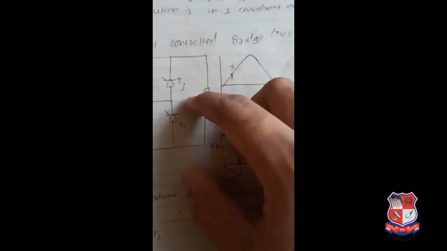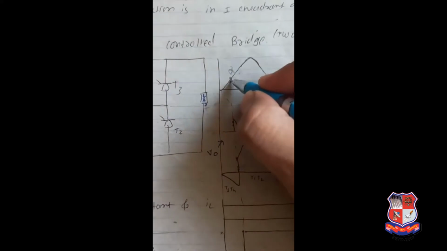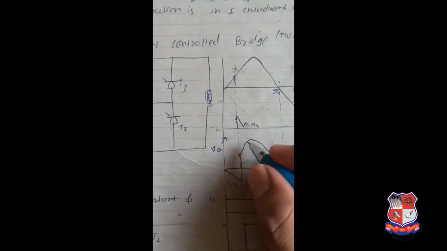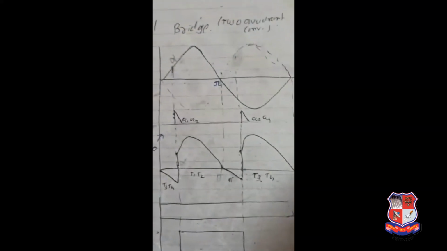At that time your load voltage is the same as your supply voltage, so instantaneously it will jump to this voltage. Till T1 and T2 are on, the load voltage is the same as the supply voltage, and up to pi it follows the supply voltage.